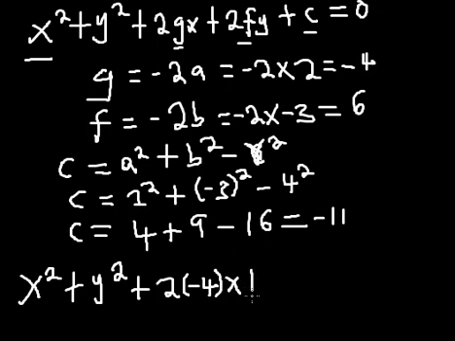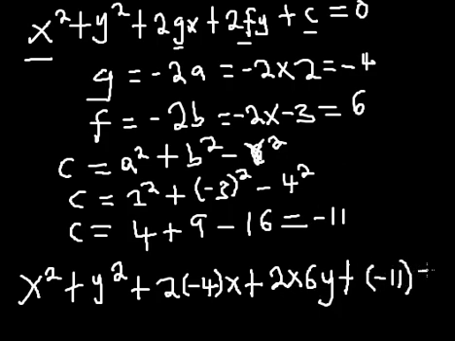All right, then plus 2f. What was my f? My f is 6, then of course put the y, then plus the c. What I got for c is minus 11. Everything is equated to 0.